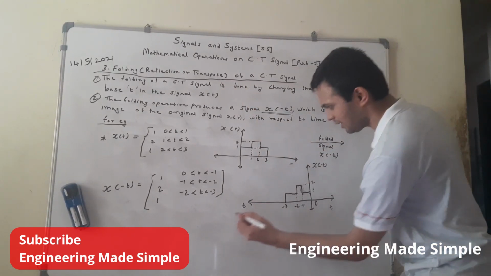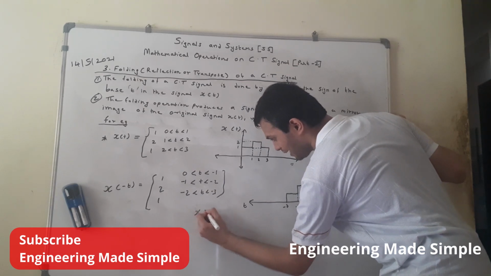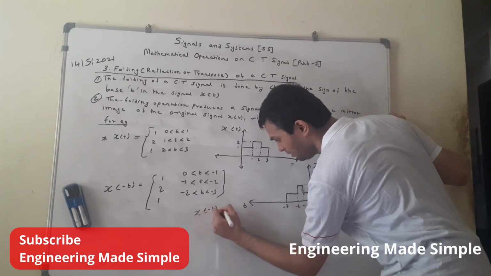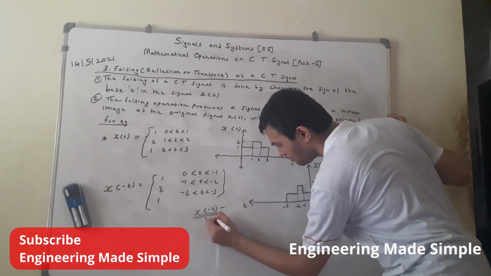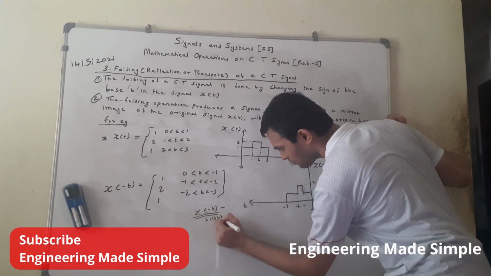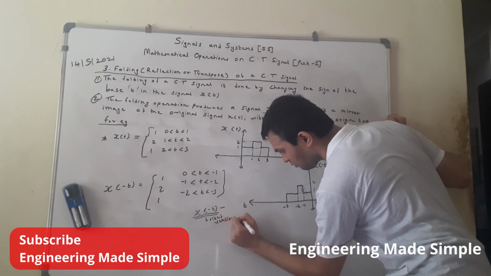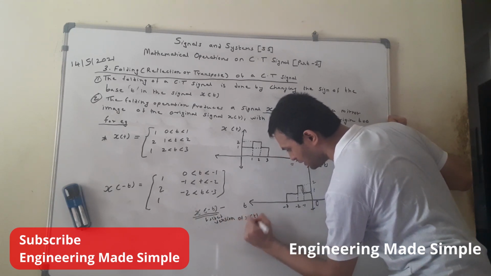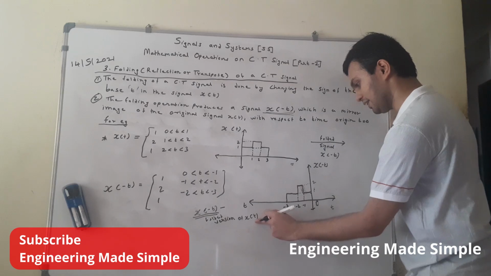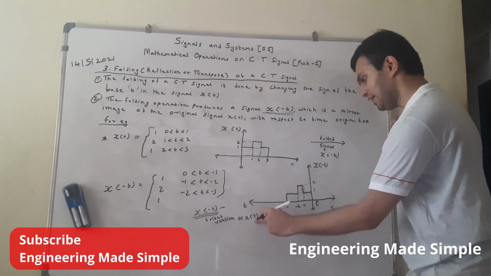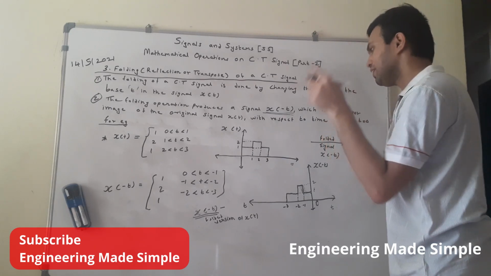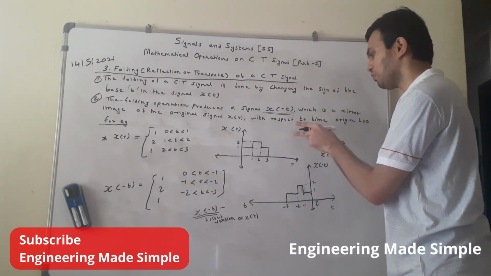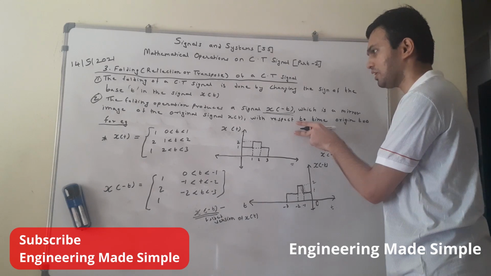So x of minus t is the folded version of the original given signal x of t. Whenever I change the sign of the independent variable t to minus t, I get the folded version. There is no need to get confused over here. Folding is the simplest operation on a continuous time signal.